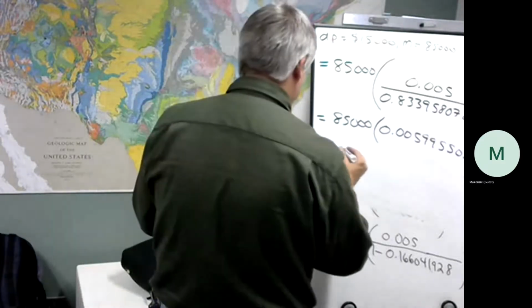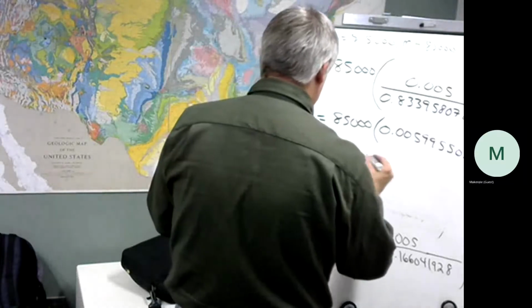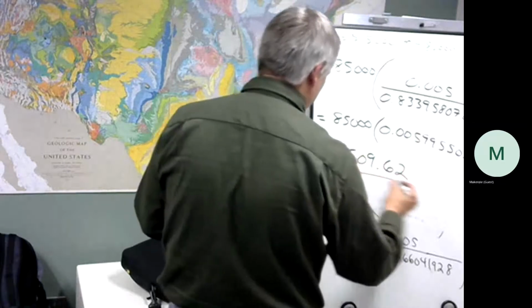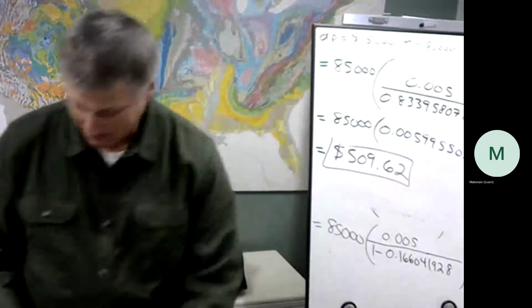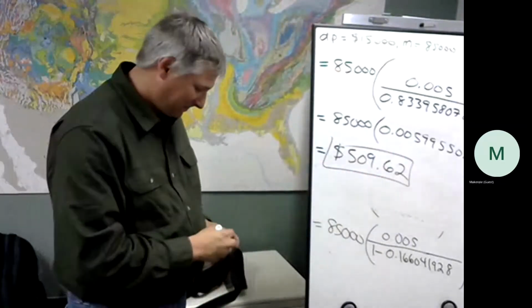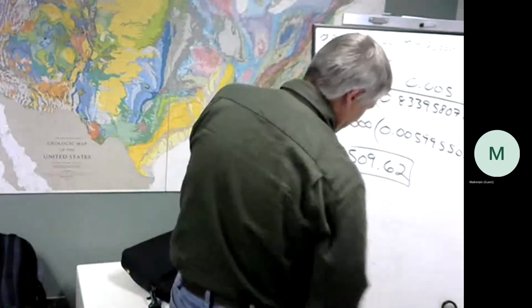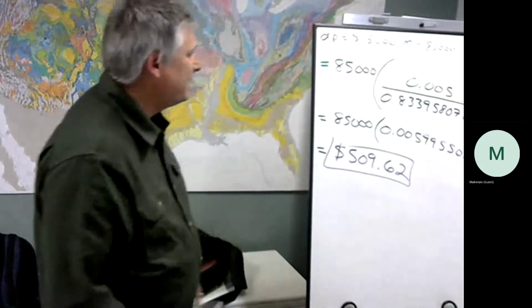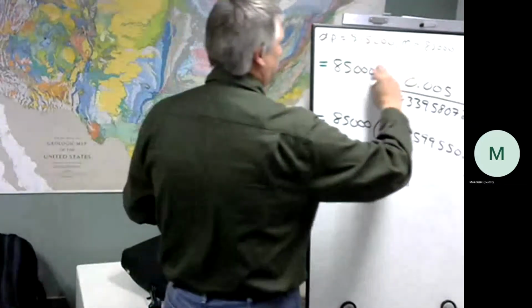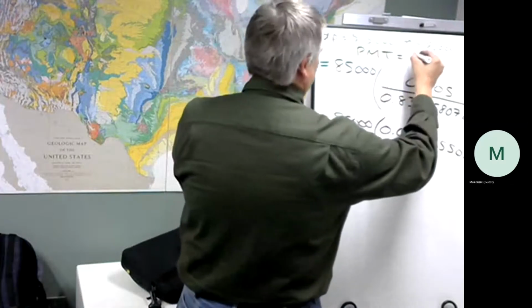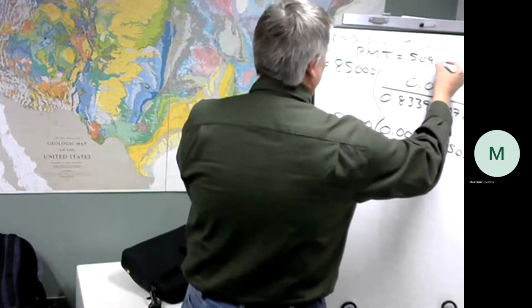And there we go. $509.62, if we round to the nearest cent. So we've got our payment. So I'm going to put that up here, more data. Monthly payment, $509.62.